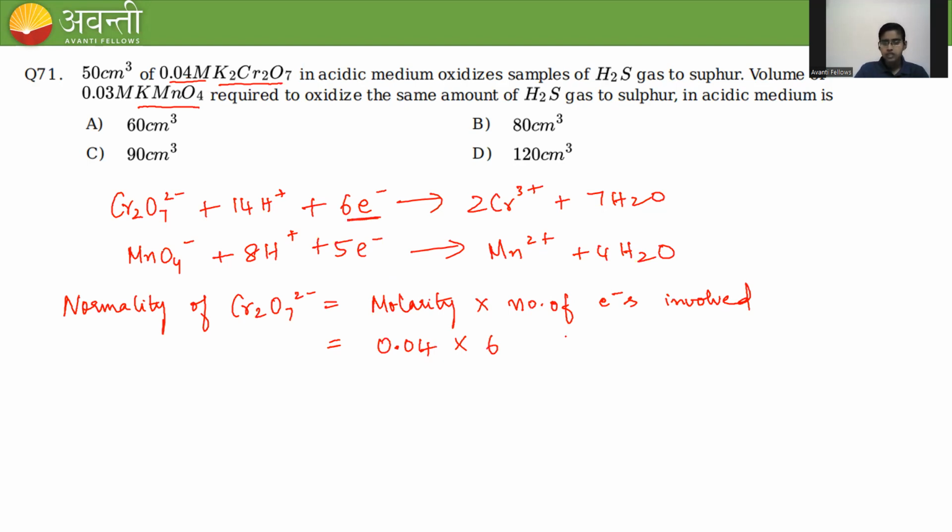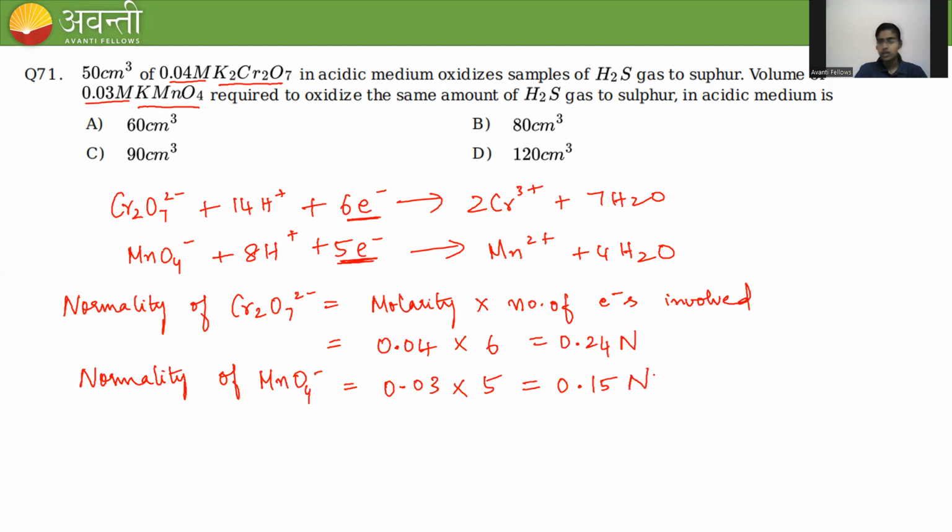So the answer will be 0.24 normal solution. And coming to the normality of MnO4-, it is also molarity 0.03 times the number of electrons involved in this reaction, which is 5. So the answer would be 0.15 N. Okay. Now we know that V1N1 is equal to V2N2, right?